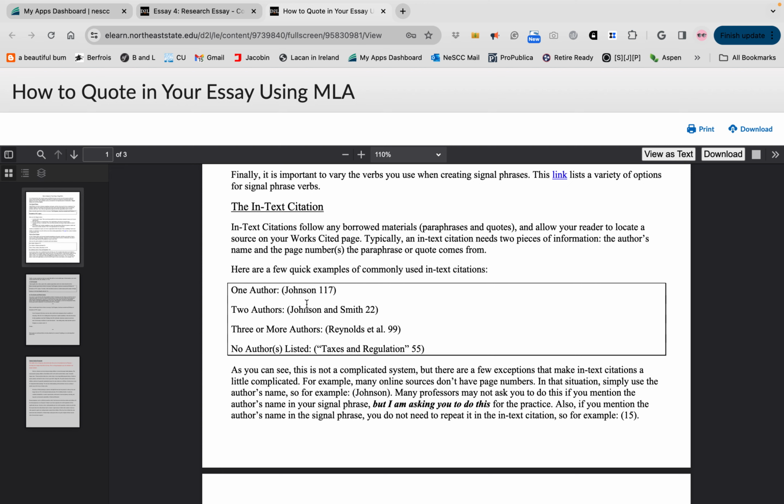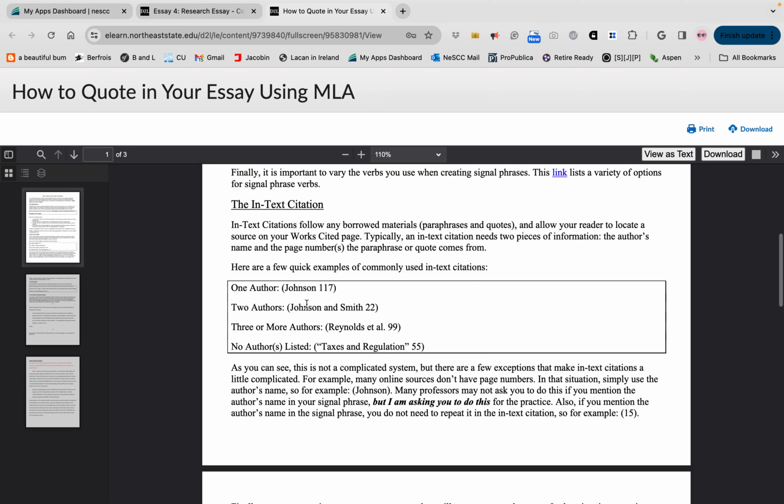But the goal is not to overburden a reader with so much information that it would detract from or distract from the reading process itself. And again, I'll give you a visual example of what this looks like, and you could possibly imagine alternatives, but that's really MLA's goal. As you're reading the essay, we want you, the reader, to know when the person who wrote this essay uses borrowed material, but we don't want to overburden you with so much information that it detracts from the reading process itself.